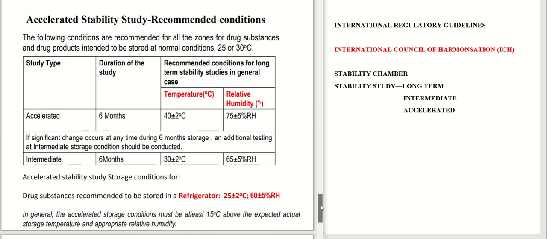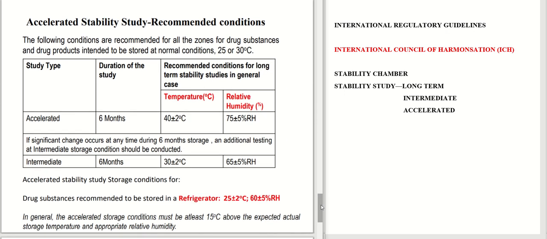accelerated stability study. The name itself indicates that here we are exaggerating the conditions of temperature and humidity. Accelerated means we are speeding up the study time period. So in long term, we have taken a study period of 12 months, whereas here, being accelerated, the duration of the study will be shortened to 6 months.